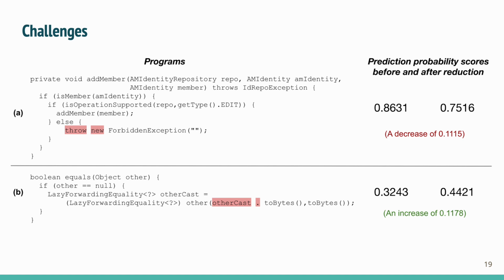Similarly, when the input code is incorrect or incomplete, such as the equals method in Figure B, the probability change for removing a token is hard to explain. A more systematic approach for identifying distractor tokens and comparing them with highly attributed tokens may provide additional information, and we plan to study that in our future work.